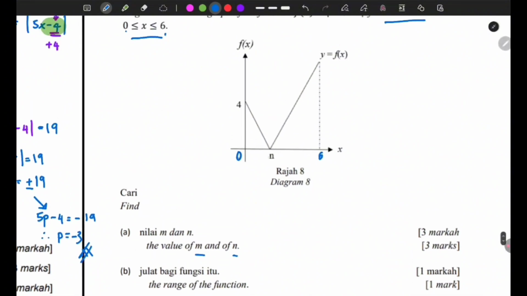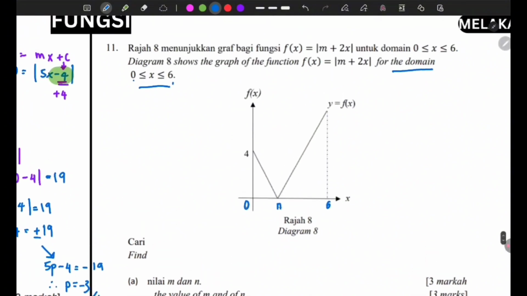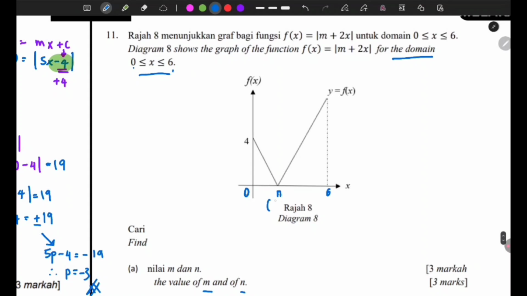Your n is here, so the coordinate should be (n, 0). Your m is inside the equation, it's not in the graph. So you have to solve the m first.